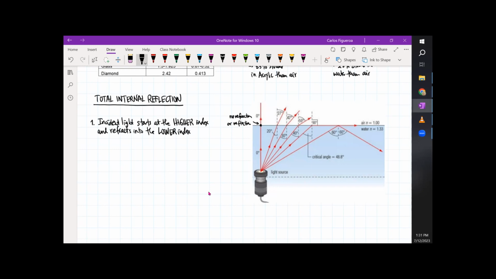If I pick this particular ray, let's say at 30 degrees, I'm going to have a ray that comes like this, and then this here is my unrefracted ray. And now what you can see is that this refracted ray is bending away from the normal. So I'm seeing that this ray is bending in this direction like this.